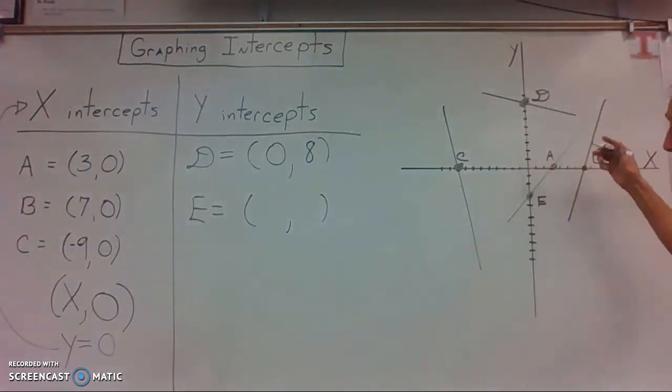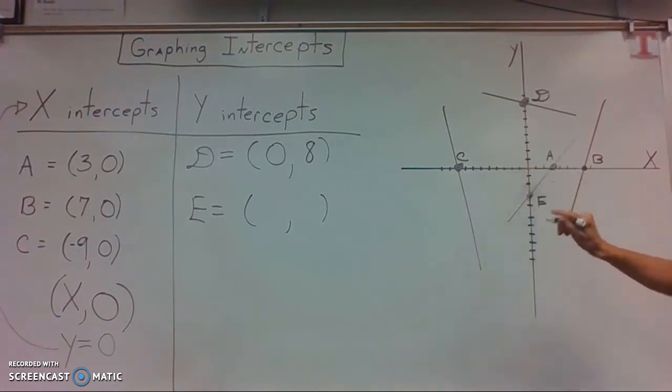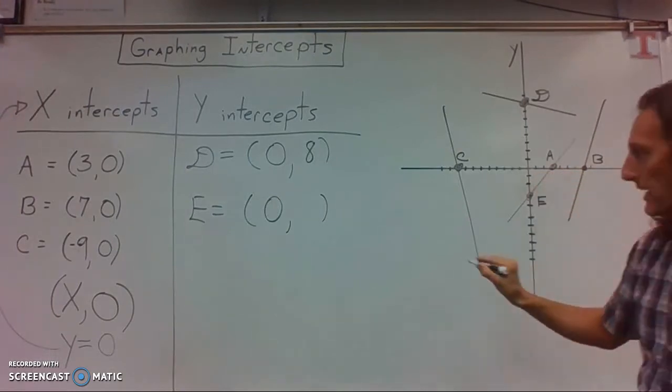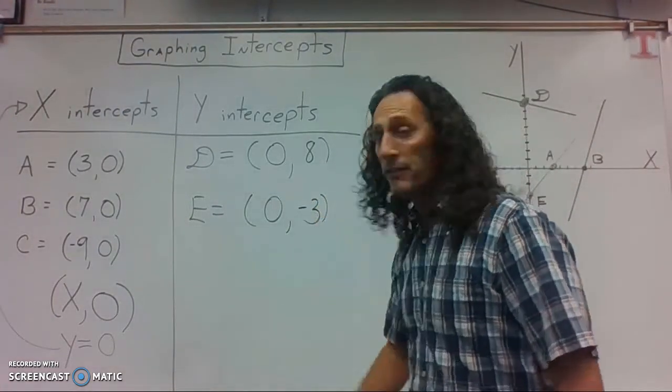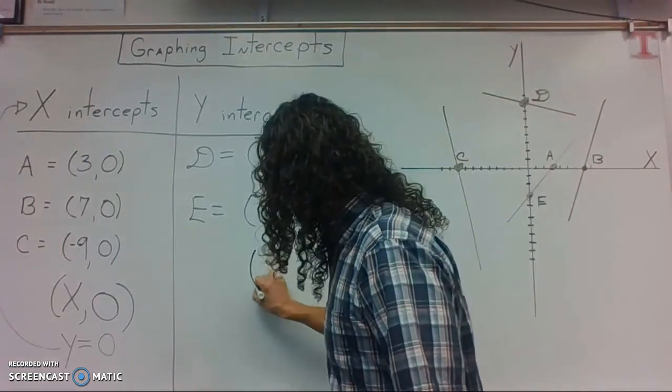Now let's look at E. Any side to side movement? No. So the x is 0. And then you just go 1, 2, 3, negative 3. So you figured that with the y-intercept, it's just the reverse.